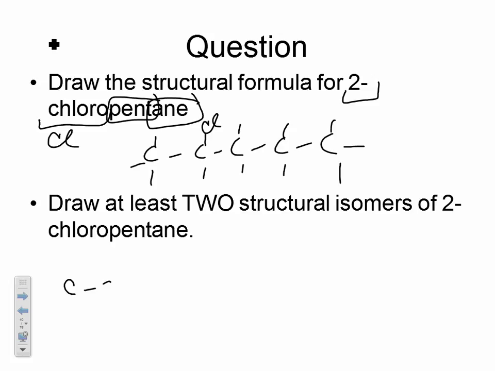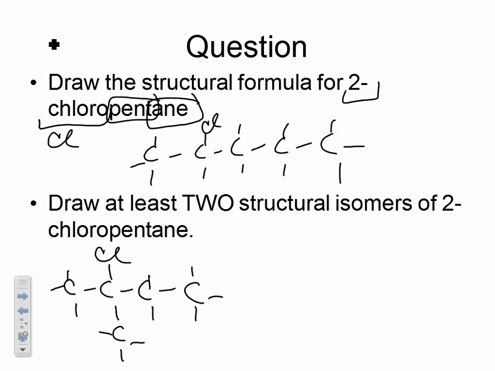So I could go 1, 2, 3, 4. But I still need that 5th carbon, otherwise it's not an isomer. It has to have the exact same number of carbons in it. But I could put that 5th carbon maybe there, as a substituent instead of part of the carbon chain. And then I can keep the chlorine, and then keep the H's. So that works. That's a structural isomer for 2-chloropentane.